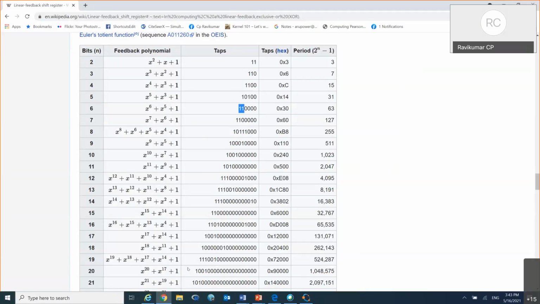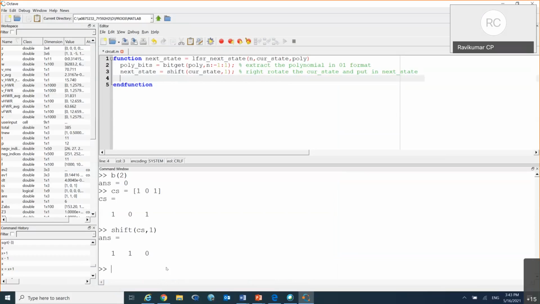So how do I do that? Anybody knows? See, we can find the indices. Okay, see, suppose I have 110, right?